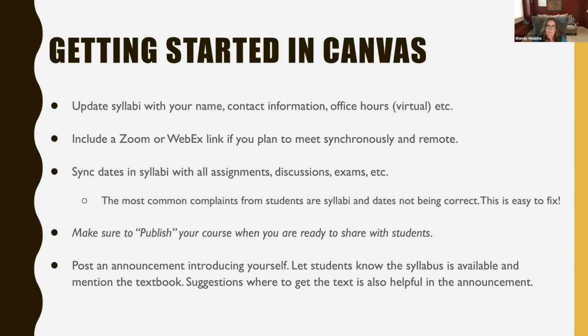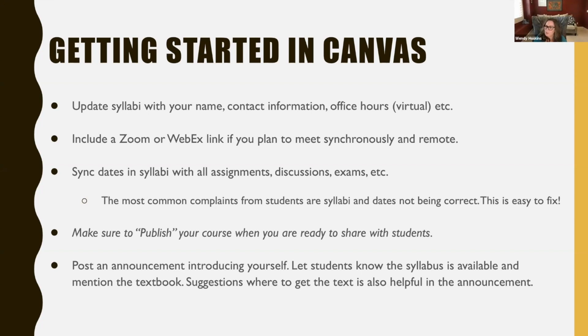Making sure that you are syncing dates in your syllabus with any assignments and discussions that you have listed in Canvas, and you have tabs for those items, becomes really valuable. Sometimes, for instance, I copied over course content this spring from a class I taught last spring.